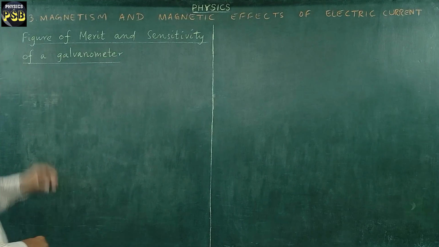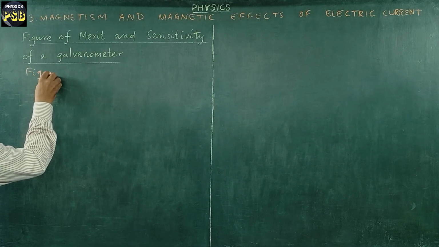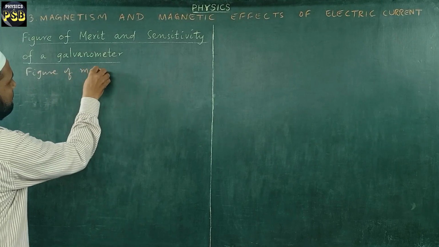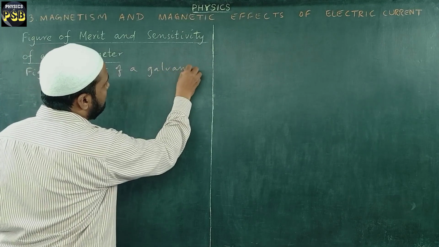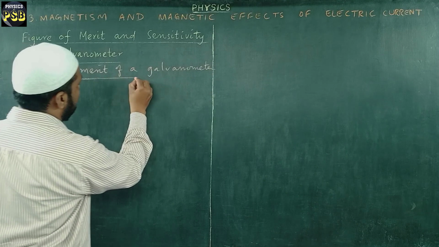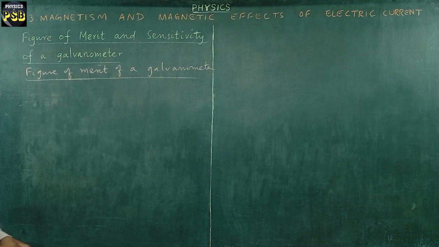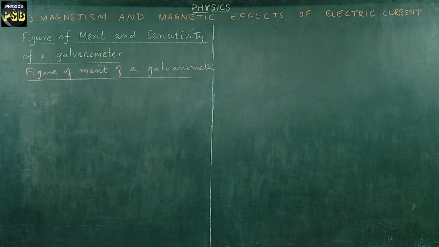First, I'll tell you what is the figure of merit of a galvanometer. It is nothing but a current which produces a deflection of one scale division while flowing through a galvanometer.